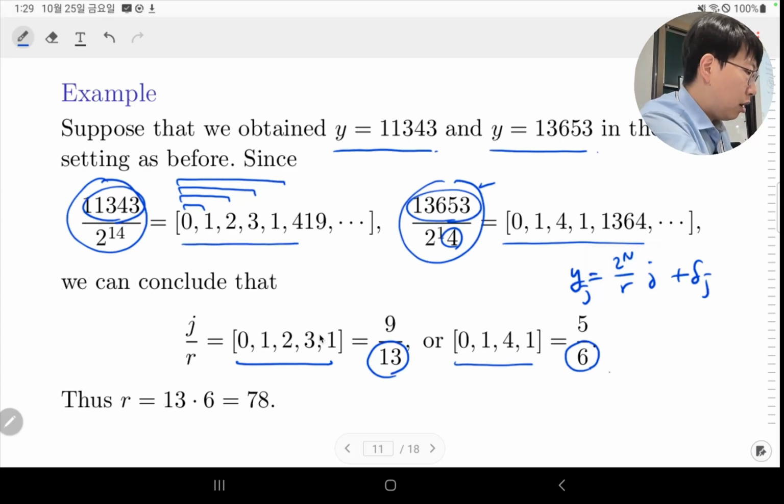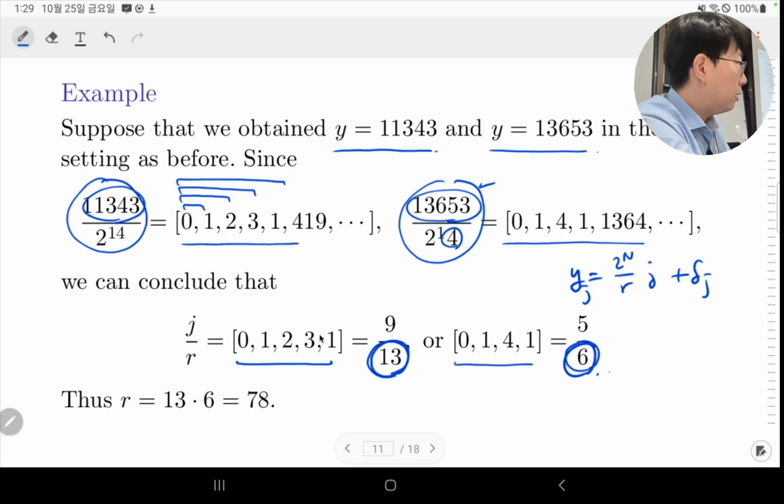We got r equals 13 and 6. What we should conclude is that it has both period 13 and 6. Therefore, the least common multiple of these two numbers, which is 78, must be the period.